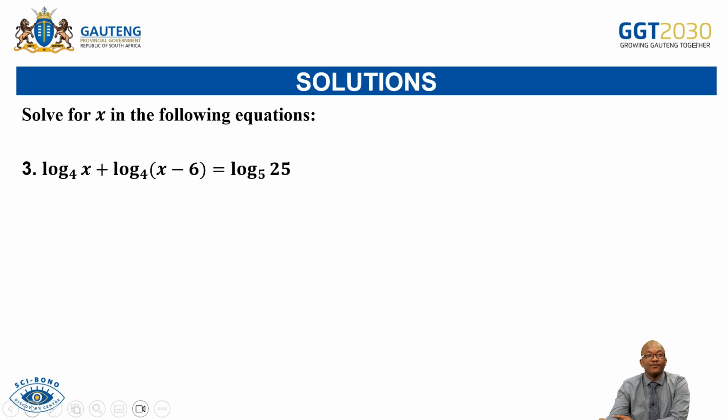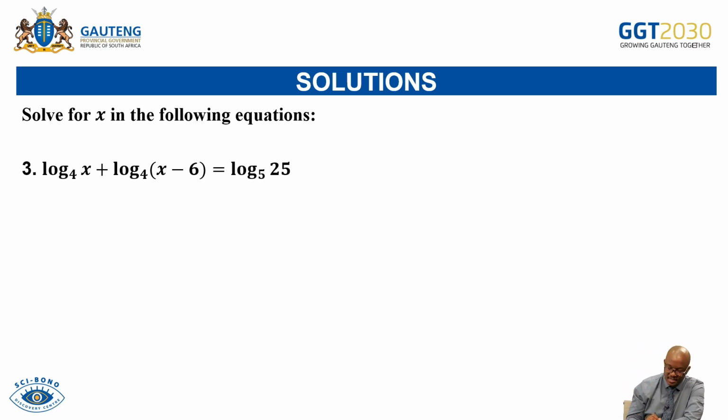Then we go to the third one now, where it says we must solve for x as well. You can see that in that case, we have log base 4 of x plus log base 4 of x minus 6 is equal to log base 5 of 25.